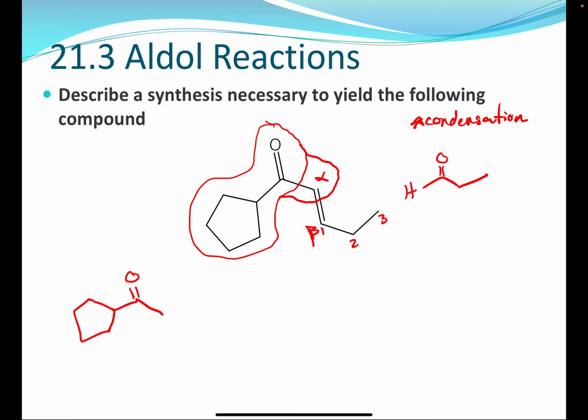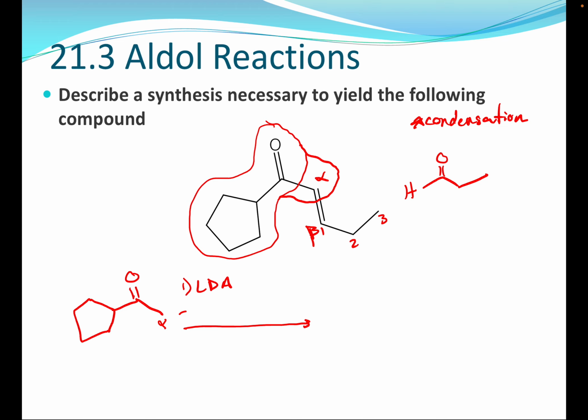Now, the way we would write this reaction out over the arrow, we would need to do something like introducing LDA first, so that we're only deprotonating one alpha position, and it will selectively deprotonate the easier access alpha position in this case.